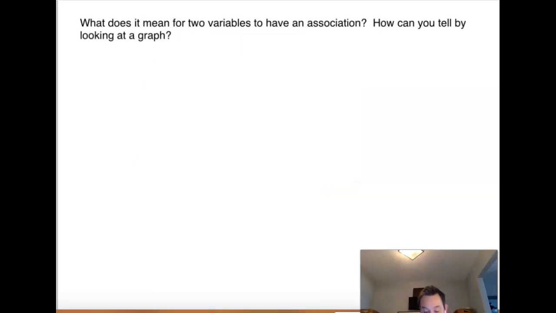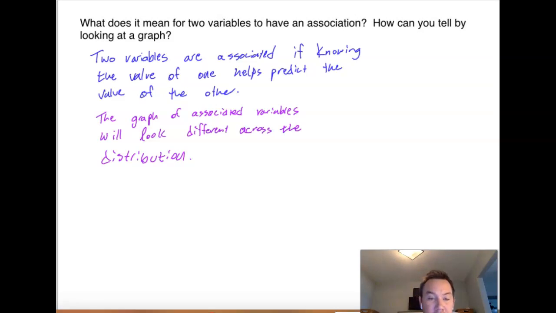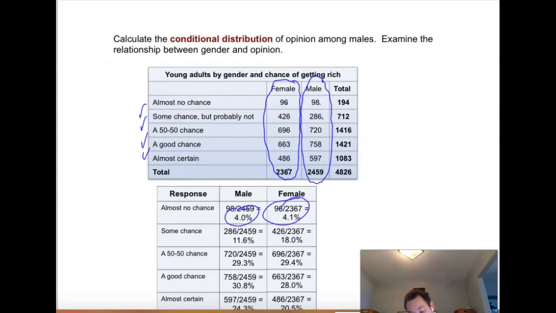All right, what does it mean for two variables to have an association? So I'm going to pause this and have you write out the definition. Okay, so two variables are associated if knowing the value of one helps predict the value of the other. And the graph of associated variables will look different across the distribution.